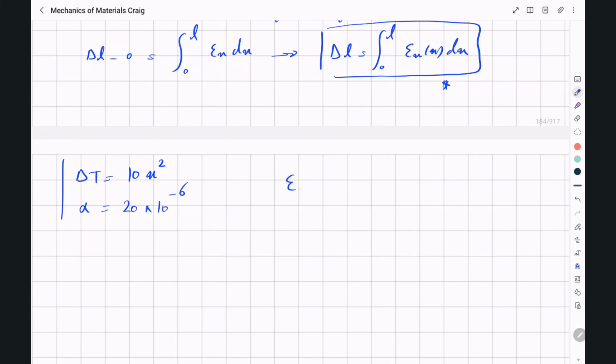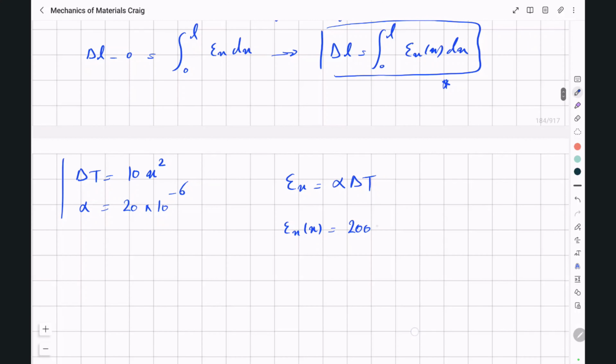And we know epsilon x is alpha delta T. So epsilon x at each point x will be equal to 200 multiplied by 10 to the power of negative 6 over meter x to the power of 2.